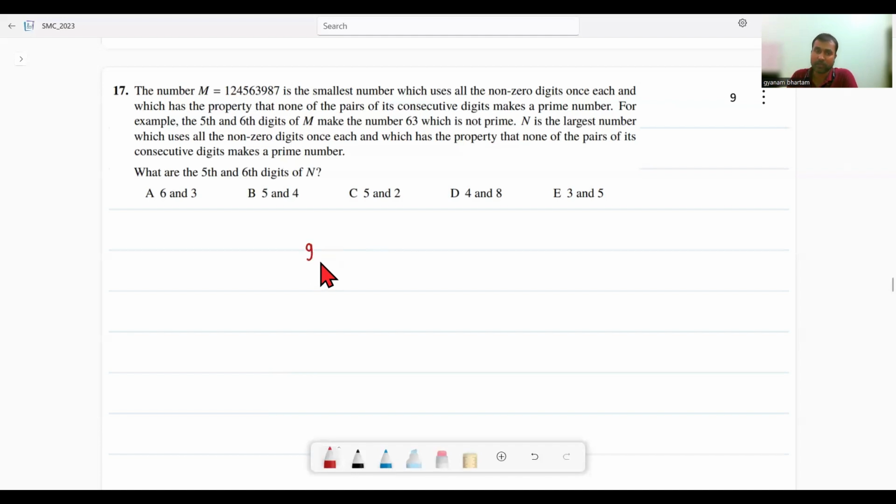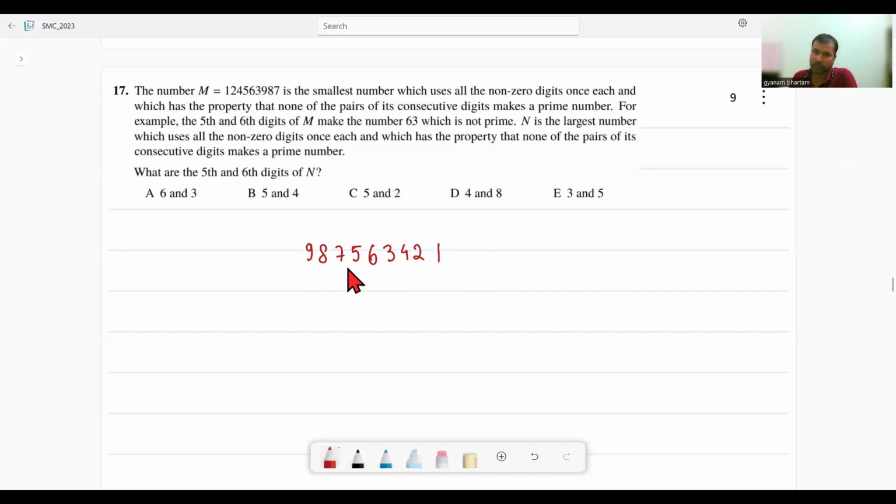So if we start with 9, 8, 7, and let's try the same, after 7 you can use, for example, 6, 5, 4, 3, 2, 1.